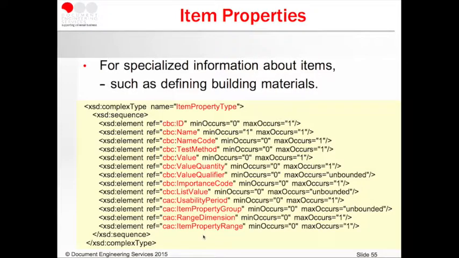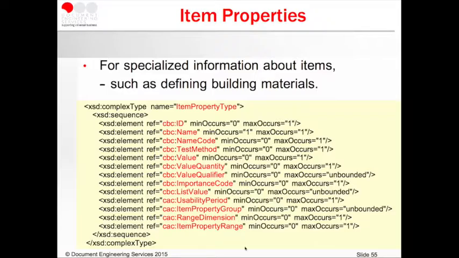And if the commodity classification is not enough, you can also use what's called the item property structure. So this is where there are peculiarities to that particular type of product that really mean you need to know some more information about it. Ad hoc products like in the building industry where you're ordering timbers would be a case where this might apply.